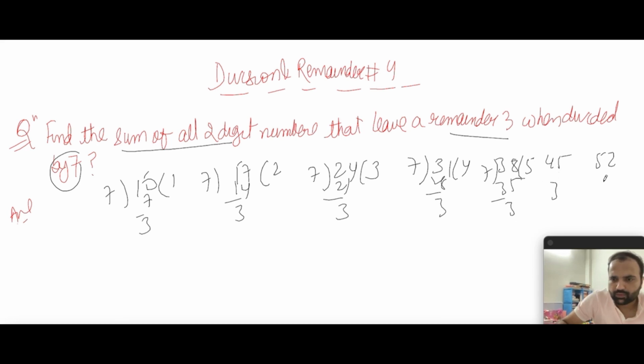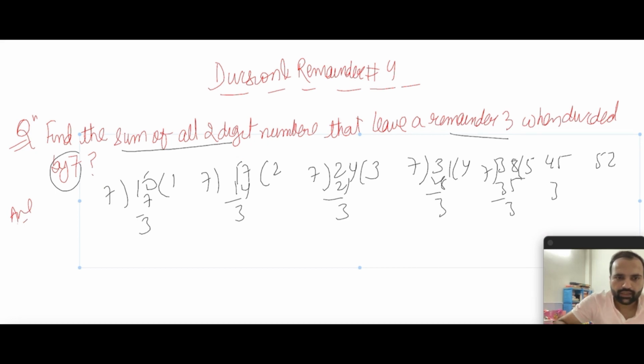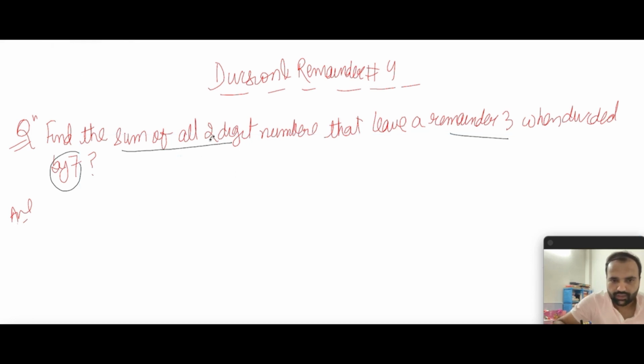It will give us 3 again. All of these would be giving us the same thing. Now again, the question is asking that we have to find the sum of all the two-digit numbers that leave a remainder. So we have to find the sum of 10 plus 17, something like that. That's what it is asking actually.